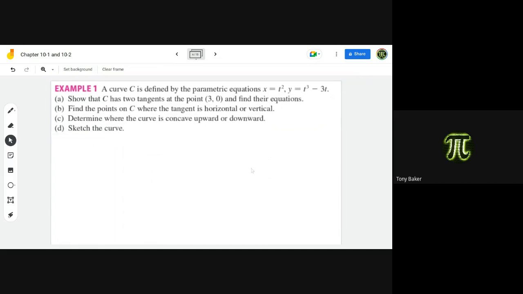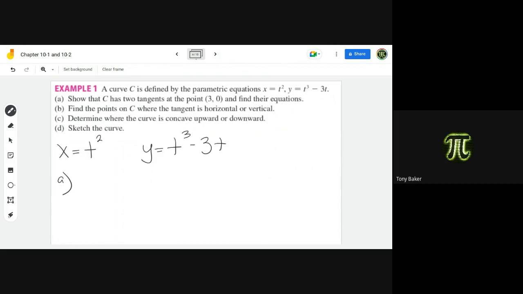All right, so we have our two equations, x equals t squared and y equals t to the third minus 3t. The first question says, show that C has two tangents at the point (3, 0).